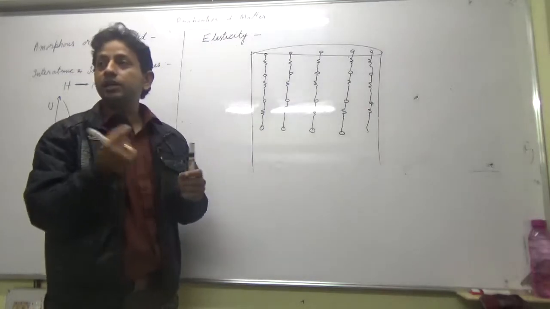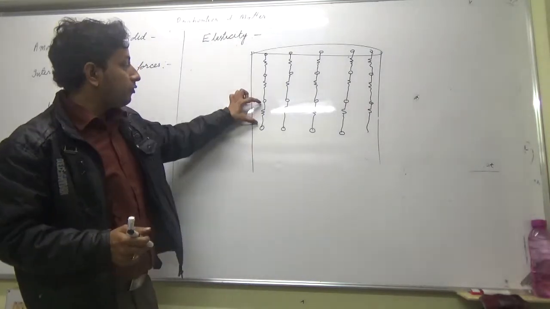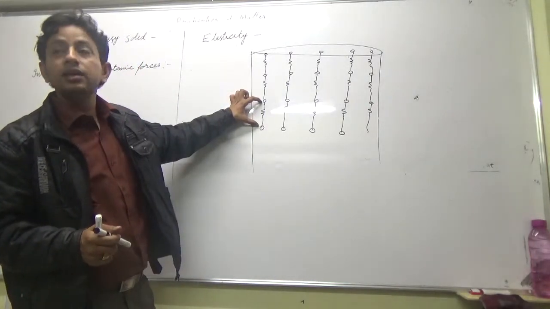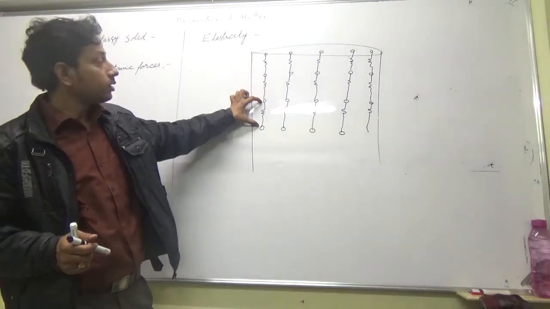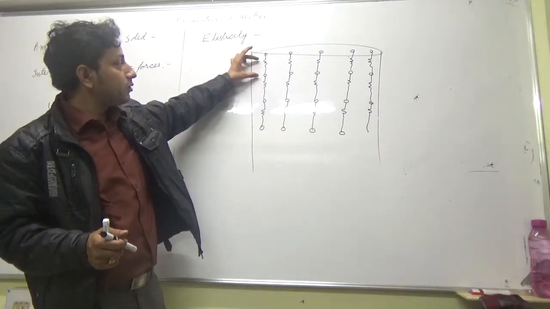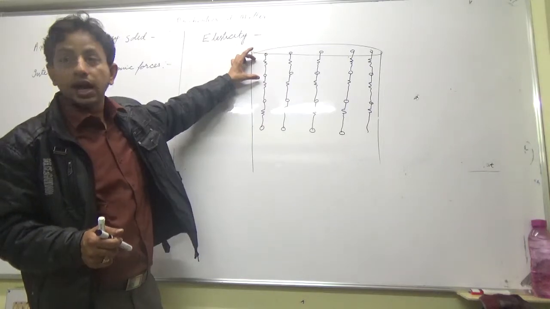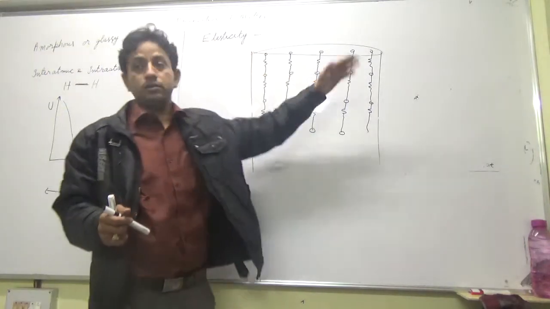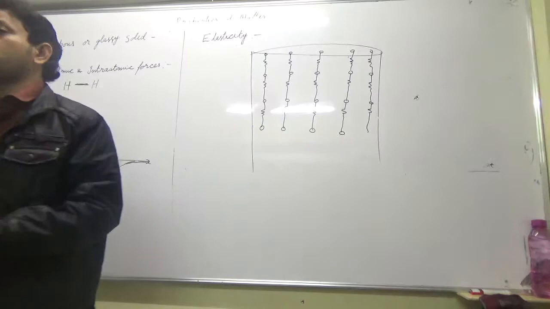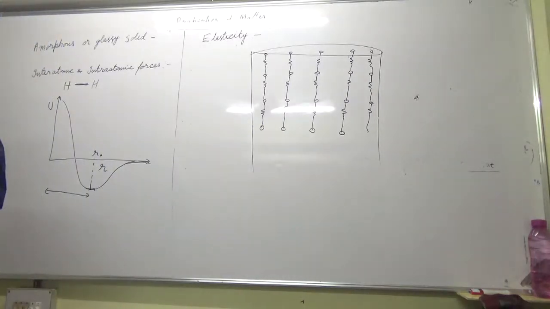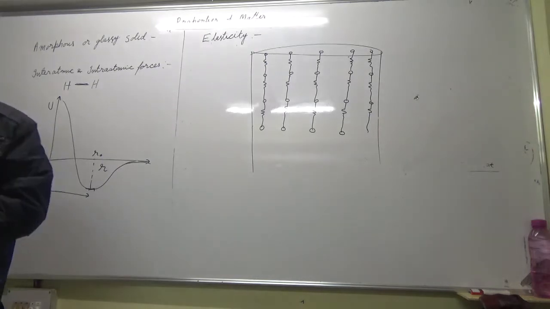Suppose you pull it and increase the length by some amount, then every bond will increase in its length, and as a result they will produce some restoring force, and the whole wire will produce some restoring force. So the wire will behave like a spring as a whole. So this is the reason behind the elasticity.